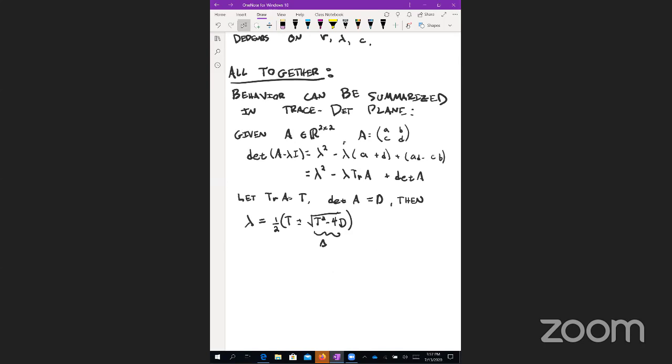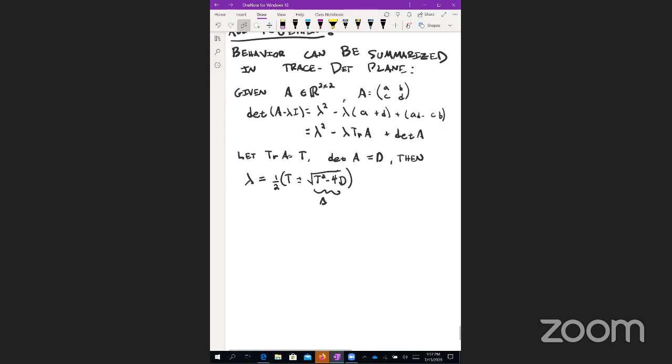Okay, so this is our general solution. And what we can do now is we can draw the phase space.